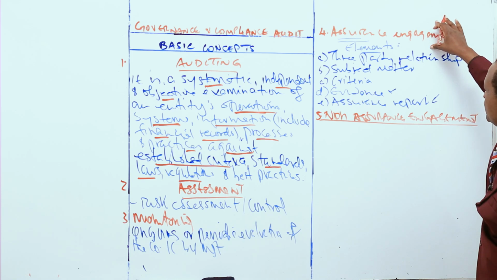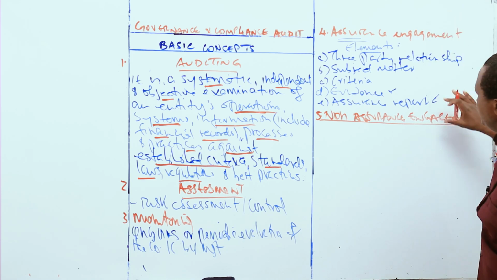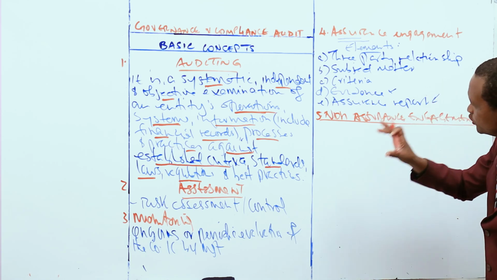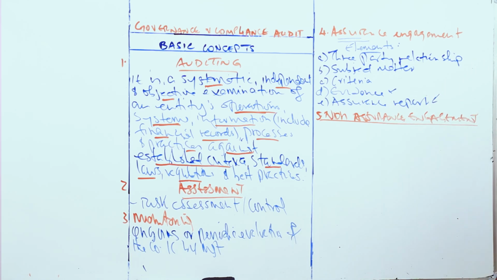In an assurance engagement, the practitioner expresses an opinion to enhance the degree of confidence. Here, the practitioner does not express an opinion to enhance the degree of confidence. It is the opposite.